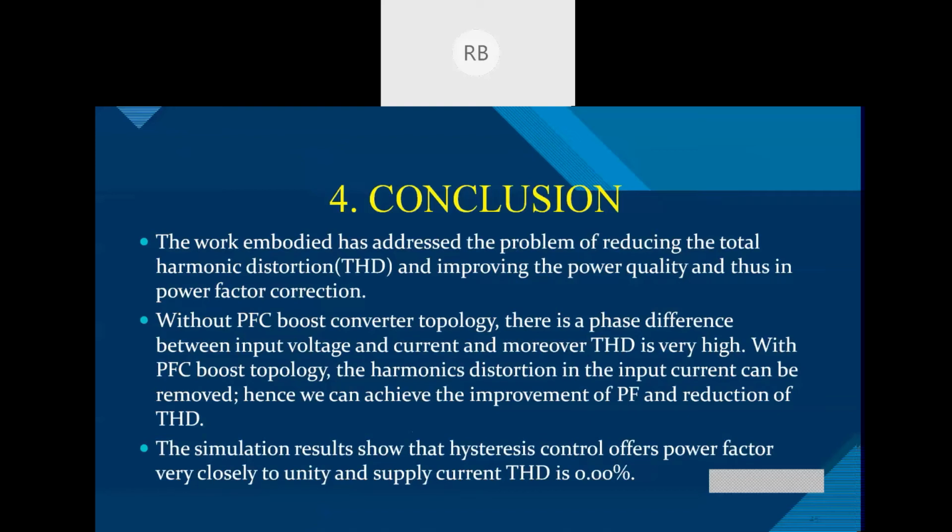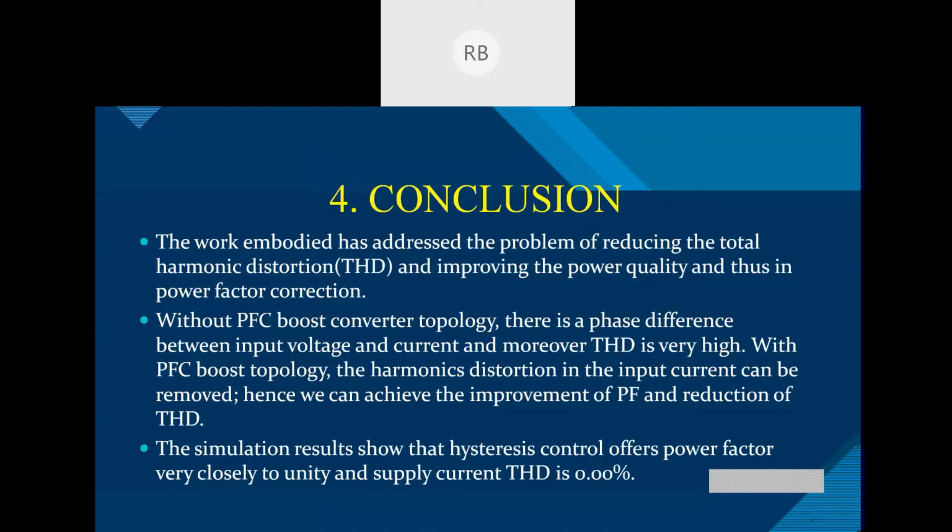So the conclusion is that without the hysteresis controller the total harmonic distortion is very high, and with the hysteresis control we can see the immense difference, where the power factor is nearly 1 and the harmonic distortion is 0.00%.